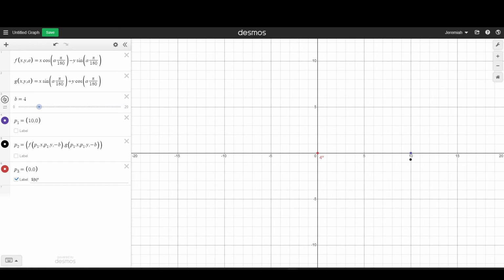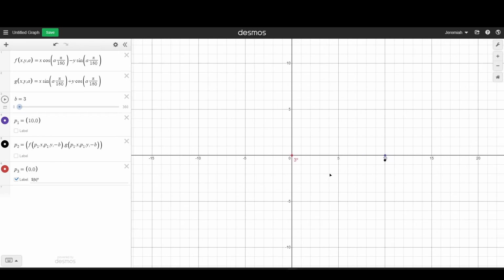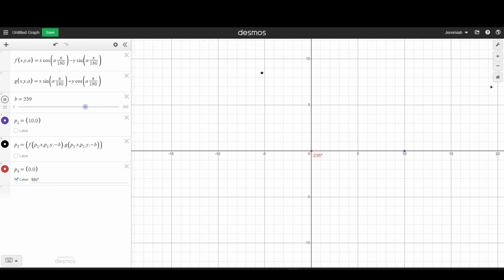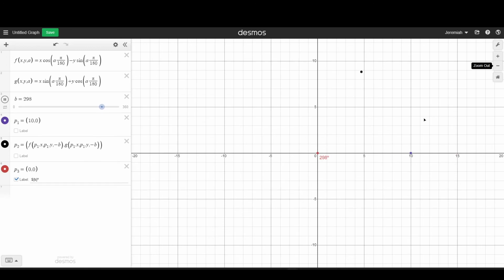Well, hopefully this helped you understand point rotation, and hopefully it made it easier to understand. Remember, if you want to be able to rotate by small amounts, you have to do your degrees times this right here, pi over 180, because that will give you it in radians.